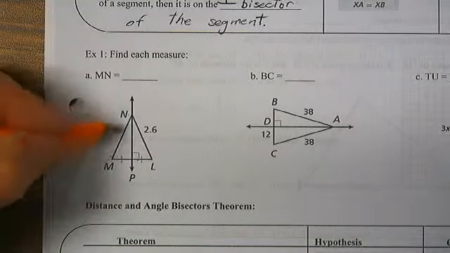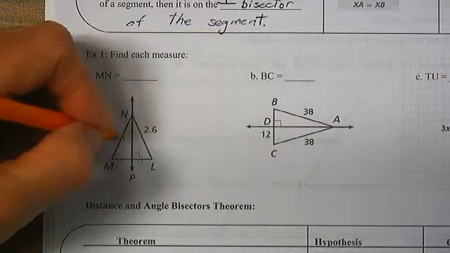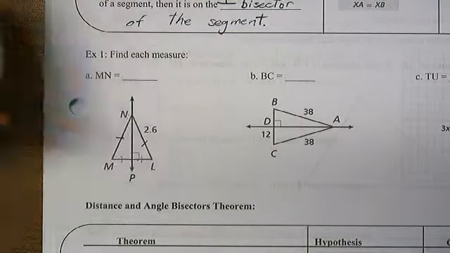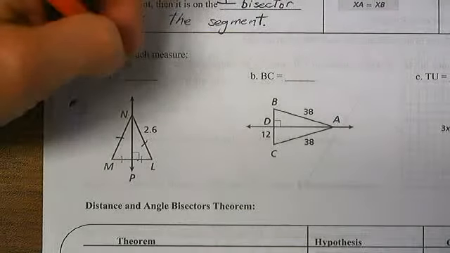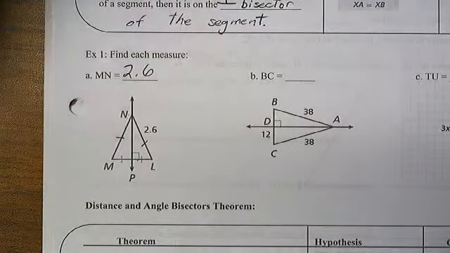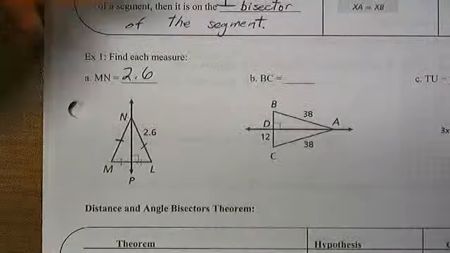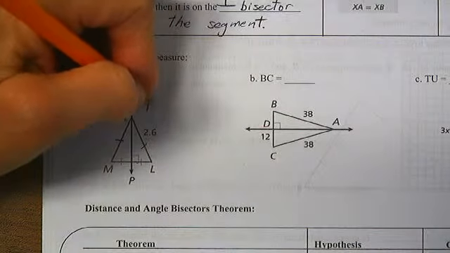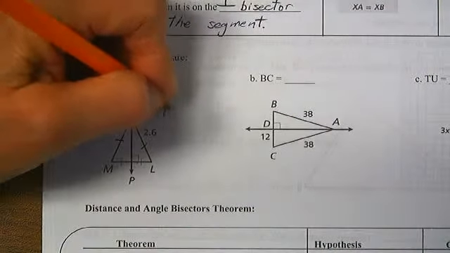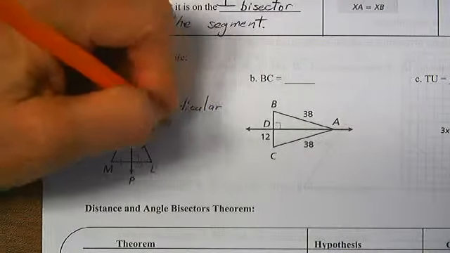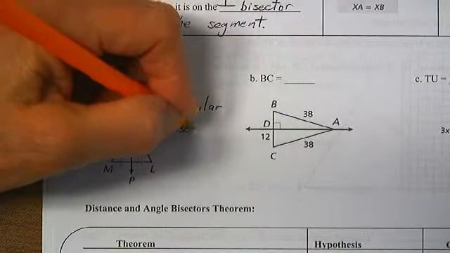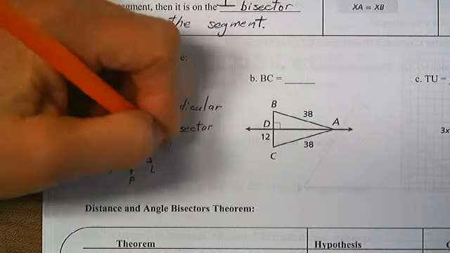Therefore, MN is congruent to NL, so MN must be equal to 2.6. How do we know? The perpendicular bisector theorem. Write it down, please.